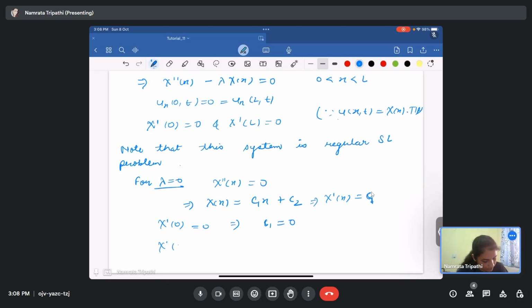After applying the second boundary condition, again this will be 0, that implies X of x is c2.